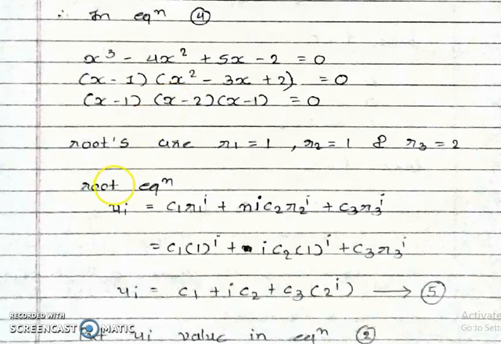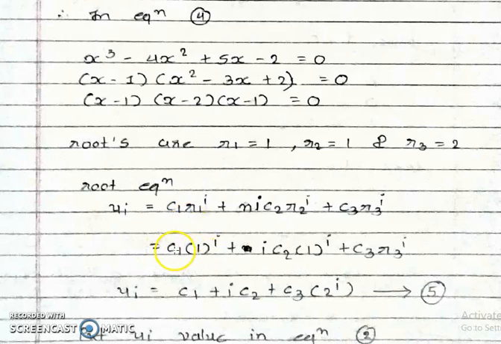Then we write the root equation, u_i equal to c1 r1 raised to i plus i into c2 r2 raised to i plus c3 r3 raised to i. Here n is not, we cancel this and take i value. So we get c1, put r1 equal to 1 into this equation.